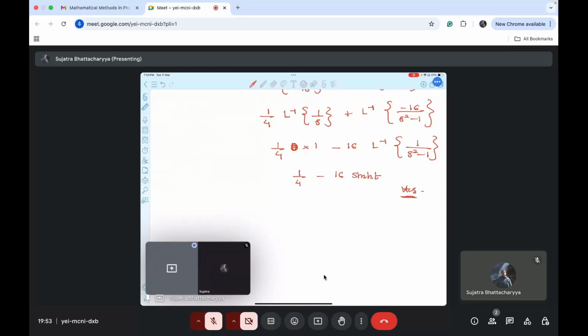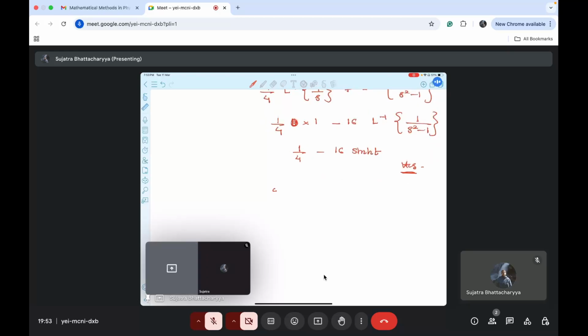Now we will discuss some more properties and try to finish the inverse Laplace transform. So we will see more properties for the inverse Laplace transform.